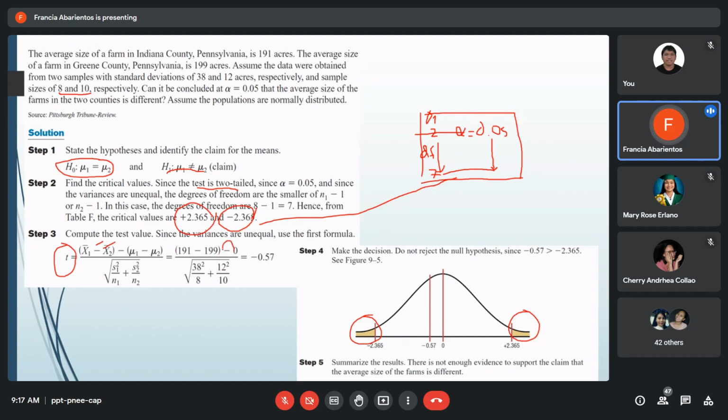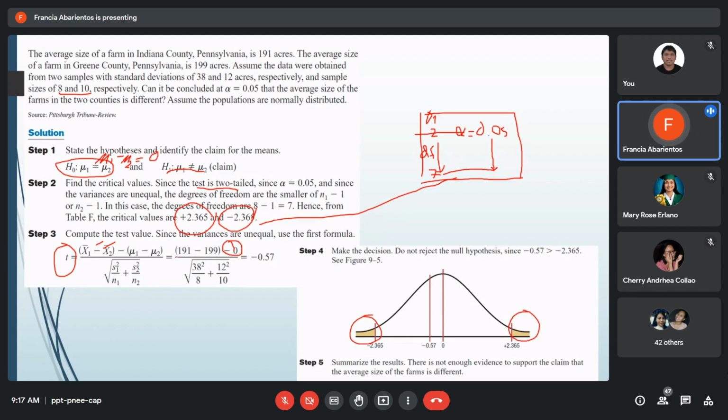In computing for the test value, given na sa atin yung sample mean, minus the 0, that is now the computed. I mean, we stated in the problem, that is the null hypothesis: the difference of the two means of the samples is equal to 0. Pag dinerive natin ito, you can make use of this one and this one.